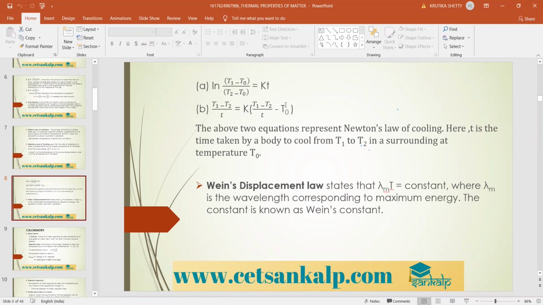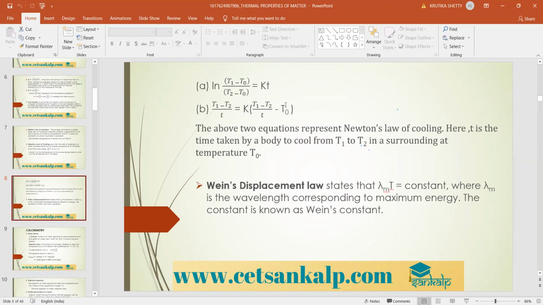Then we have one more formula, that is (T1 minus T2) divided by t, where capital T1 and T2 are the temperatures of the body and the surrounding, and small t is the time, is equal to K into bracket (T1 plus T2) divided by 2 minus T naught. So the above two equations represent Newton's law of cooling.